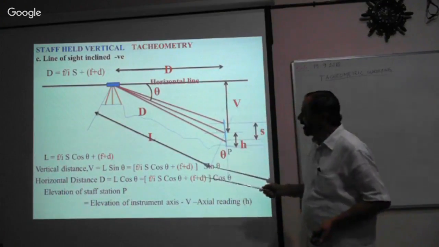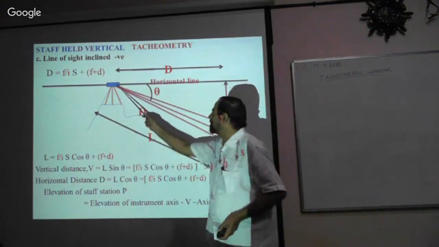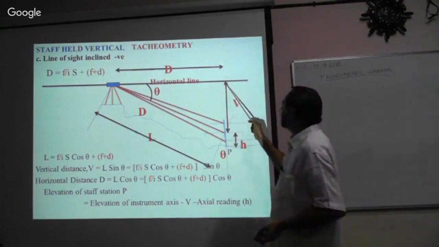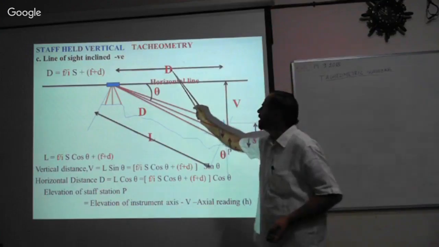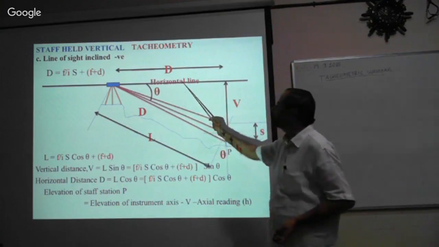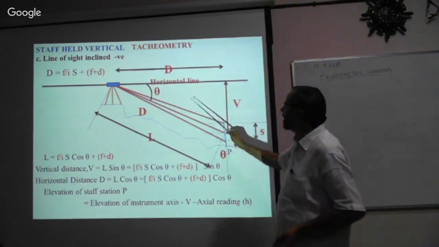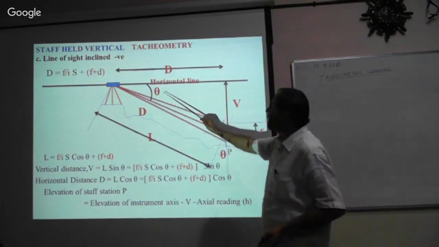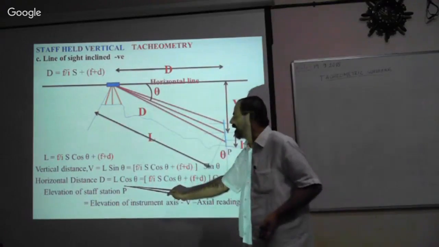In a similar manner, we can calculate D from the same triangle. D is the adjacent side, isn't it? And the adjacent side is cos, therefore, L is known, theta is known, so D is equal to L cos theta.